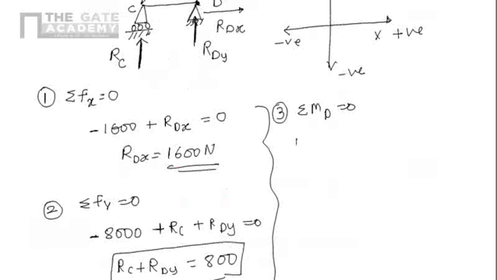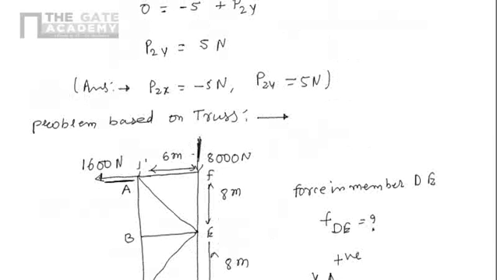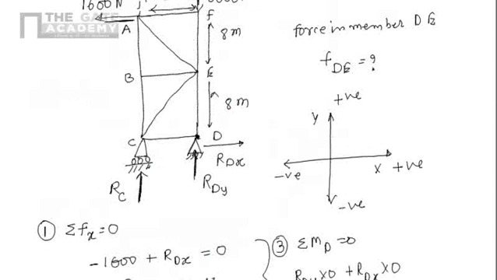So I can write RDY into 0 plus RDX into 0, because the perpendicular distance is 0. If you see the line of action of the 800 Newton force, it will pass through D. So the perpendicular distance for the 800 Newton force will again be 0, so the moment will be 0.